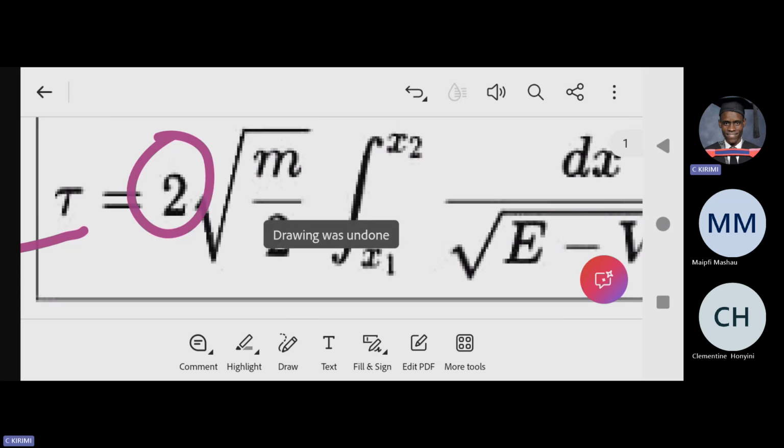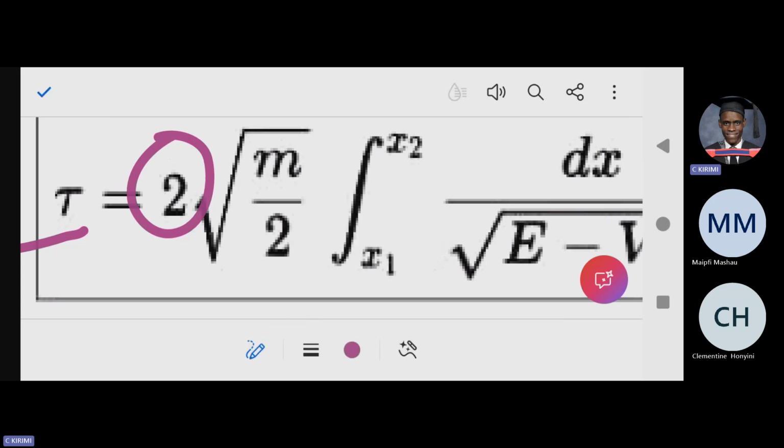So I'm saying that 2, which is outside the square root sign, if I want to put it inside the square root sign, it becomes what? The square root of 4 is 2, it's simply the same thing. If I don't want it outside, I can put it inside the square root sign. Then instead of m over 2, it becomes 4m over 2.